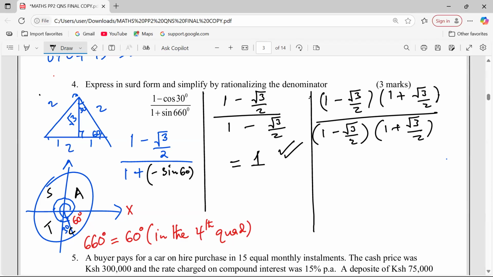We are supposed to make the denominator a rational number. So 1 squared minus 3 quarters becomes a quarter.